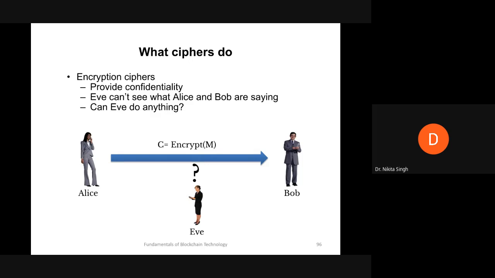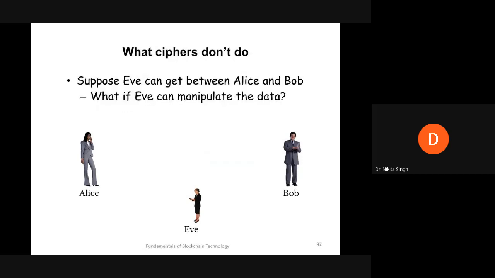Now, let us see a scenario where Eve can eavesdrop upon the message. Now, let us see what will happen if Eve could intercept the message that Alice sent to Bob. So we take a scenario where Eve can get between Alice and Bob. And what if Eve can manipulate the data?